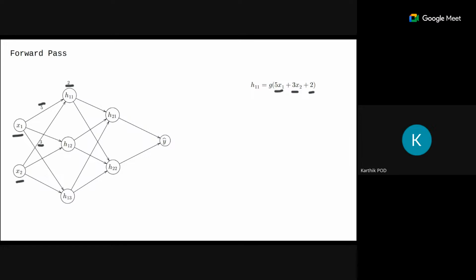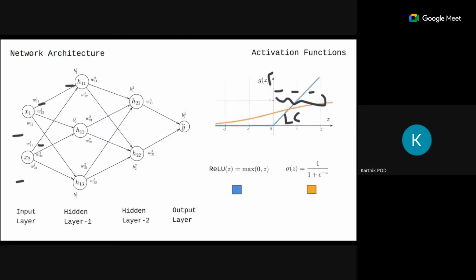This 2 is called the bias. You compute this linear combination, W transpose X plus B, followed by what is called an activation function. This is what is there in this slide.